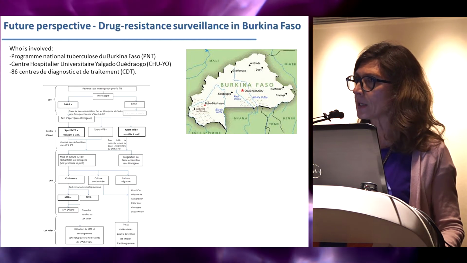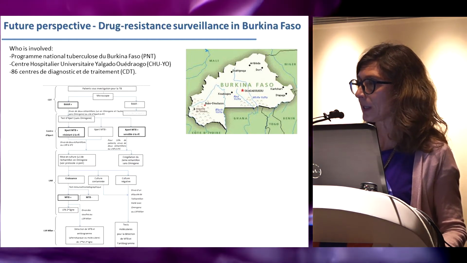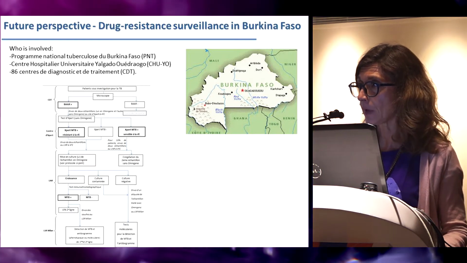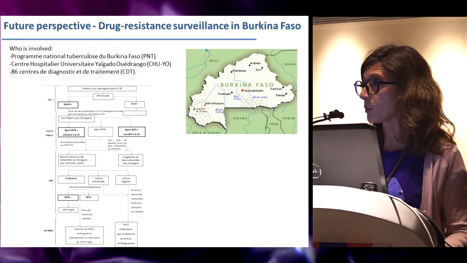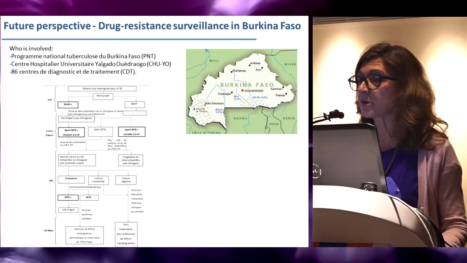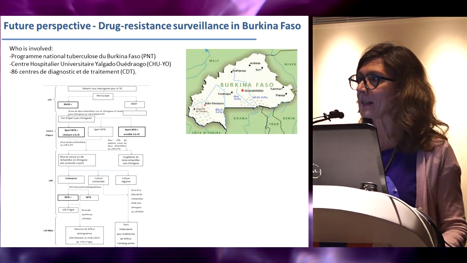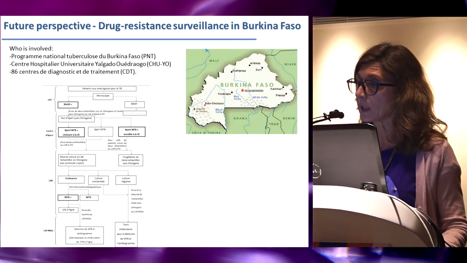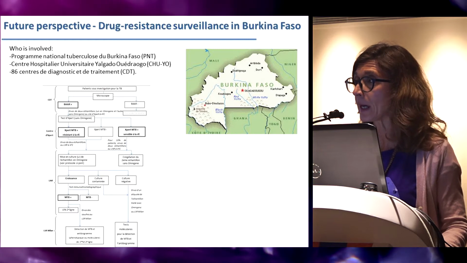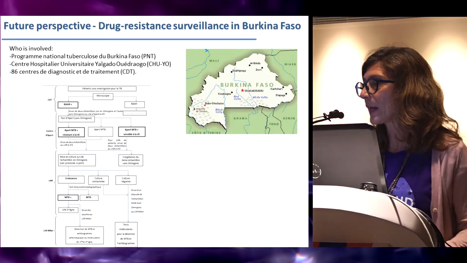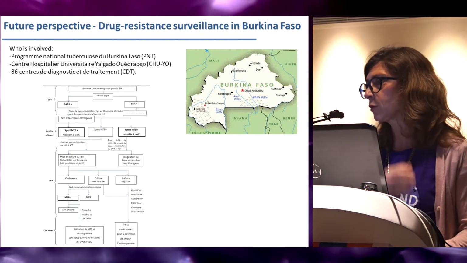To do culture, they will need to be transported first to the National Reference Laboratory, but some of them will need to be transported to Milano. So we are trying for the first time to apply this system of transporting sputa to the National Reference Laboratory and then to Milano to see if that will give us better results compared to the last survey.